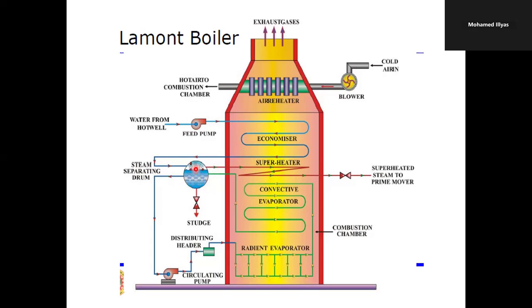The steam which is coming at the top will be taken to the superheater, and the water which stays at the bottom will be taken and supplied to the so-called radiant evaporator through the distributing header. In this radiant evaporator, the condition of working fluid is in the liquid state, that is water, and it enters here.